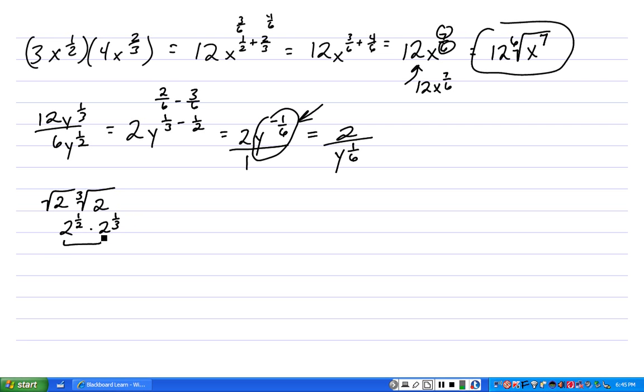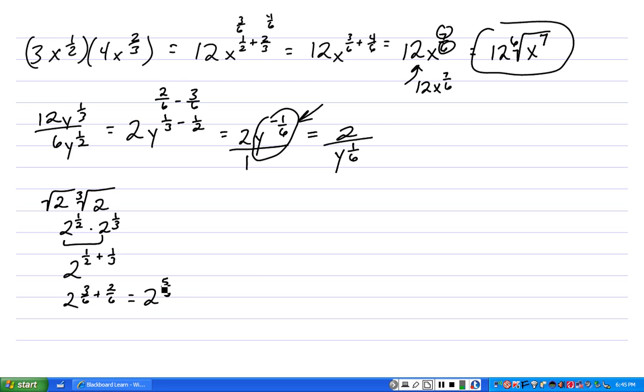Now based on our property rules, the base is the same, so that would be like saying 1/2 plus 1/3. We've already talked about 1/2 plus 1/3, which is 3 over 6 plus 2 over 6, which equals 2 to the 5/6.